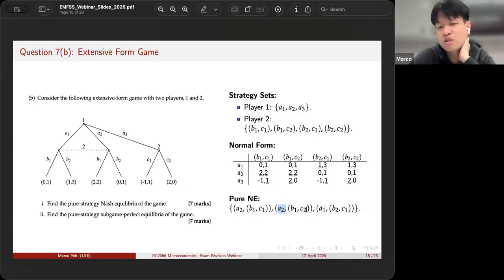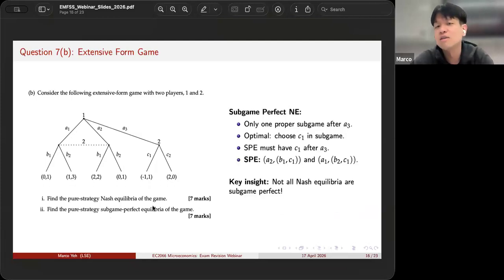So no matter what is chosen on the never-played subgame, player 2 should be indifferent because it's not affecting the outcome at all. That's the intuition. Under pure Nash equilibrium, you might have some equilibrium without subgame perfection, but as a refinement, we want to remove this sort of irrational choice from player 2. That's why we only keep the 2 with C1 rather than C2.